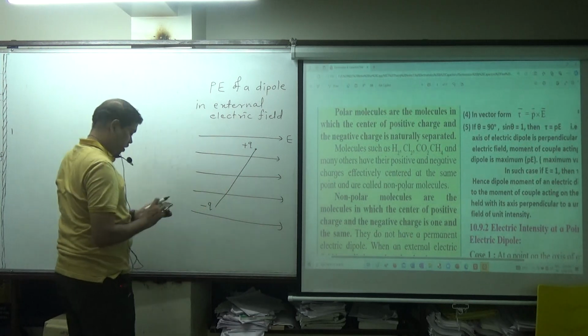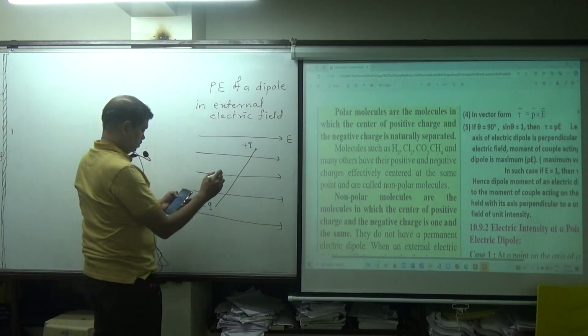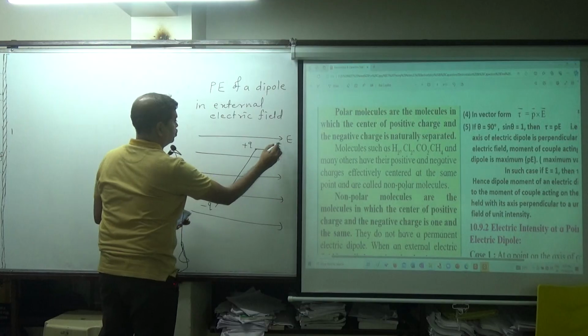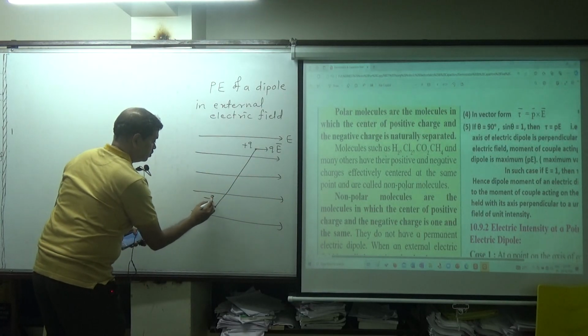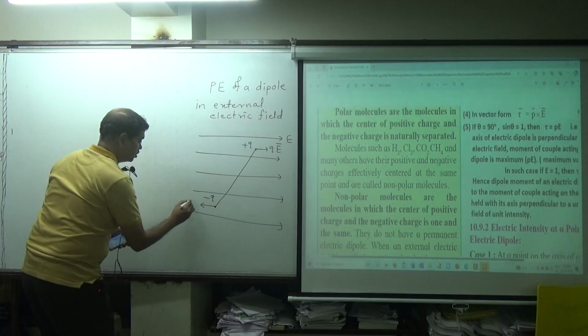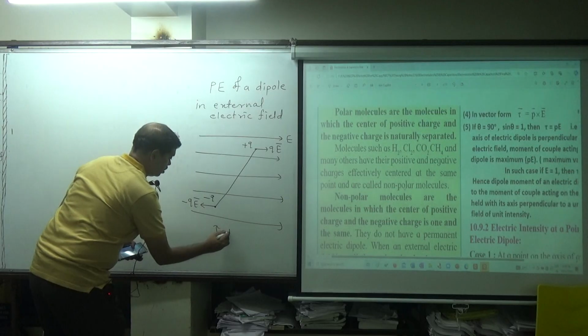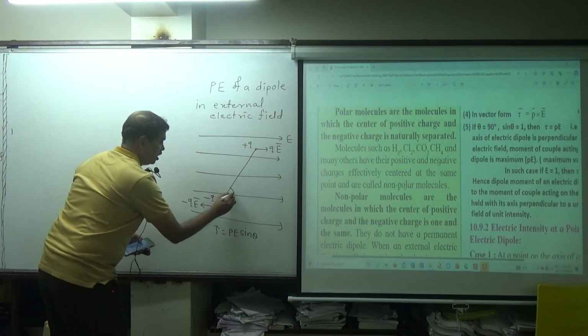A force acts on this plus q, and if this is minus q, a force acts on it too, and therefore a torque acts. The magnitude of the torque is P E sin theta, where theta is this angle.